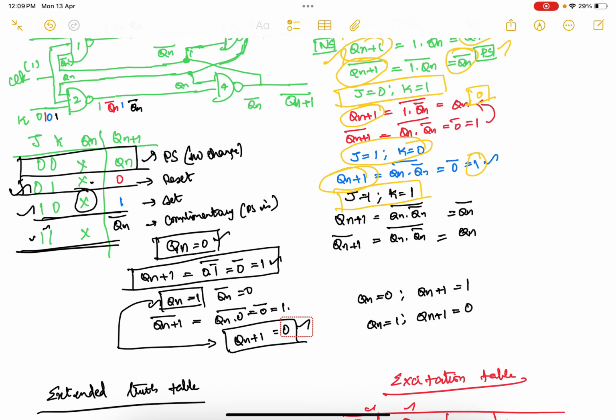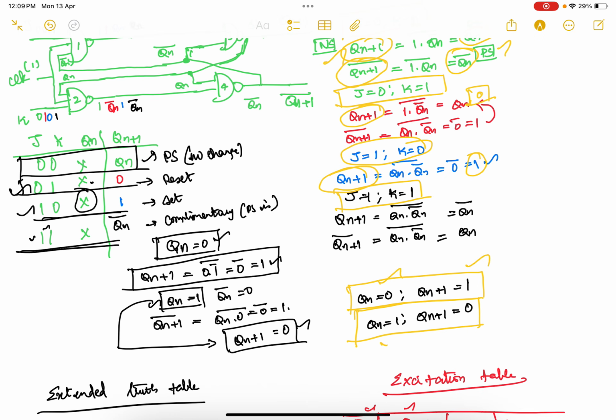Okay, so if Qn plus 1 the whole bar is 1, definitely Qn plus 1 should be equivalent to 0. So the inference you are getting is, when Qn equal to 0, your Qn plus 1 is becoming 1, and when Qn equal to 1, your Qn plus 1 is going to become 0.